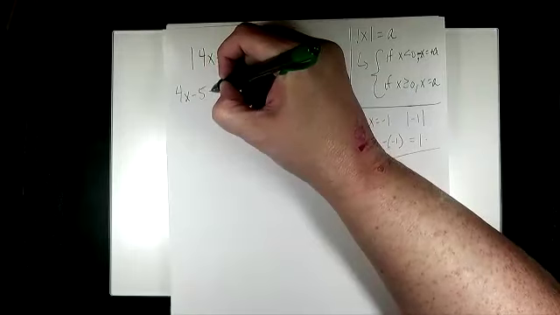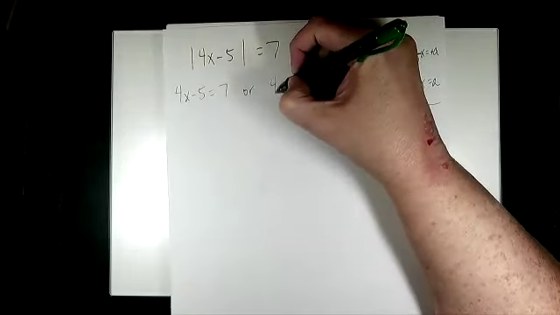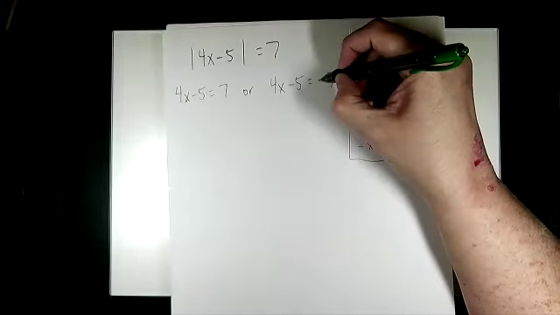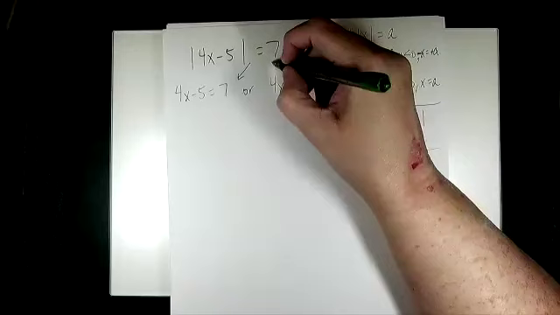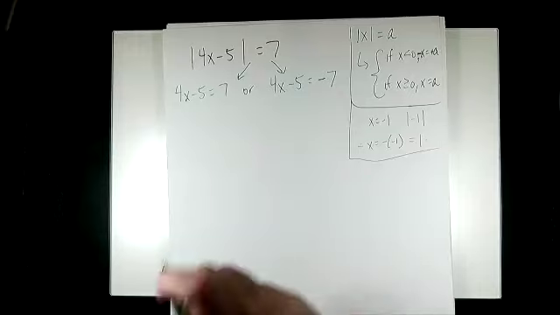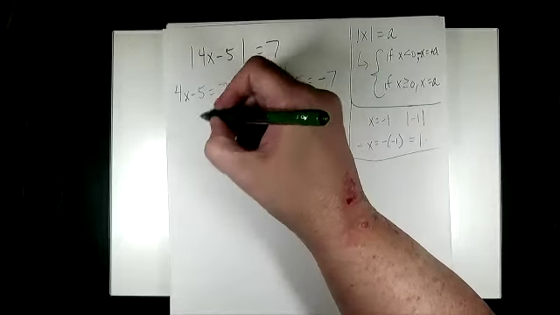It's easier to write this as two equations rather than doing plus or minus, because you need to solve them individually. So absolute value forks into two answers, unless the right side is 0, because plus or minus 0 doesn't make sense. We solve these individually.